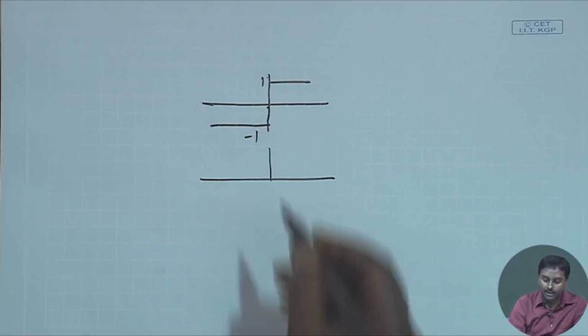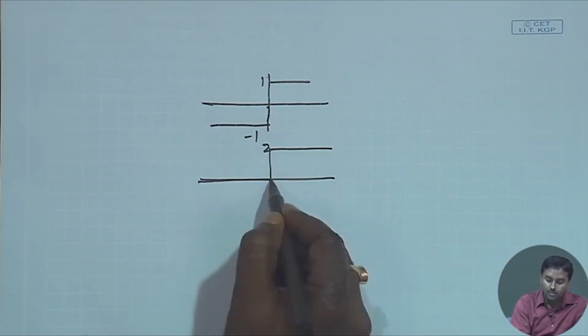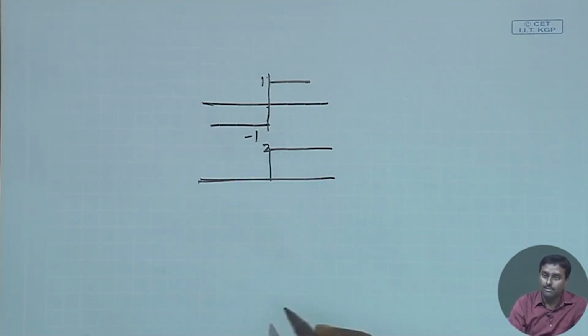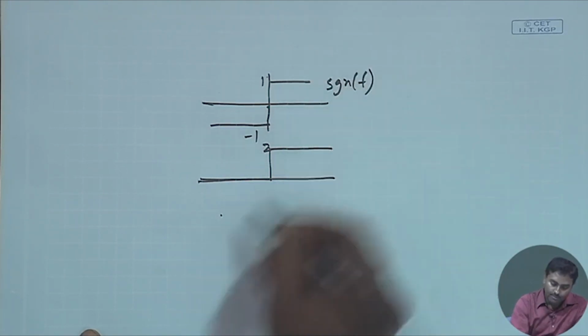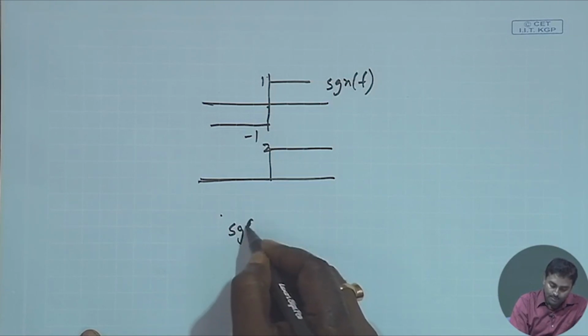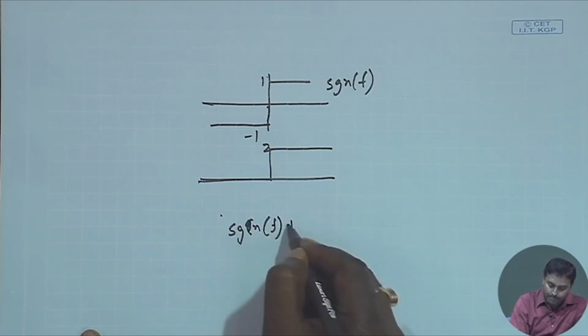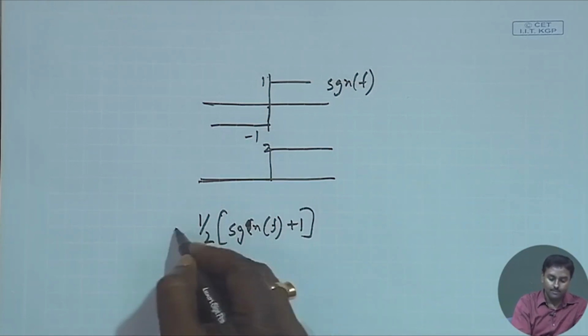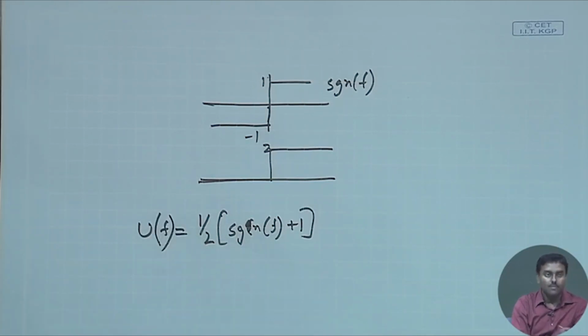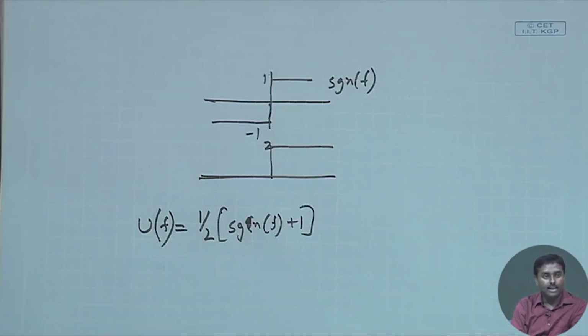If I add 1, this will go to 2 and this will be 0, and then put half. So, if this is my signum F, if I write signum F plus 1 into half, that must be my UF, right.